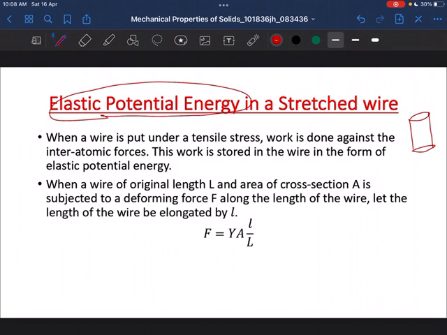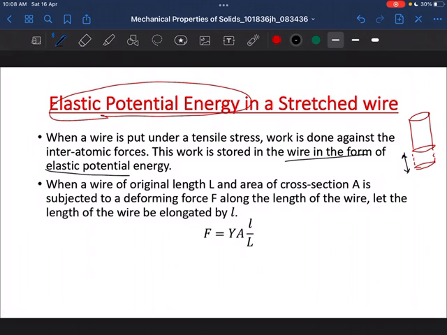If I give tensile stress to any wire, work is done against the interatomic forces. The interatomic forces are trying to keep the solids together, right? So when we apply a tensile stress, work is done against the interatomic forces. This work is stored in the wire in the form of elastic potential energy.